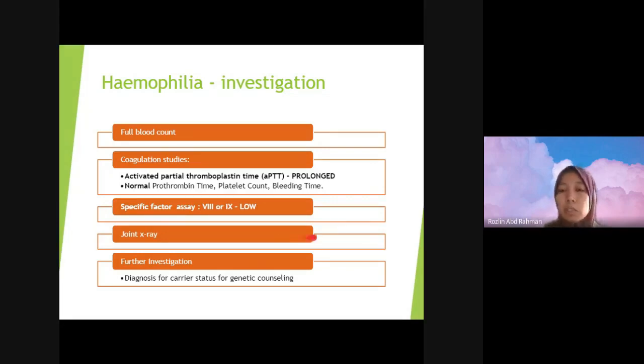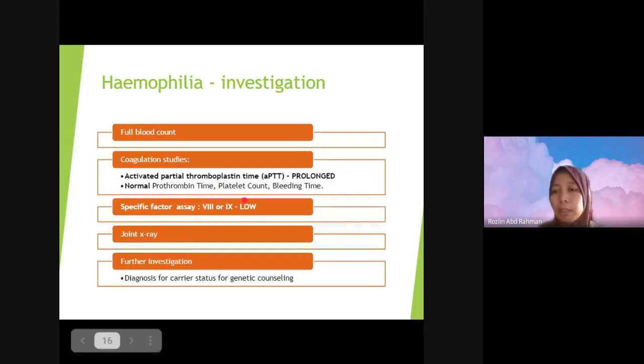Okay, so diagnosis include, of course, paling basic, we need to do full blood count to know the platelet level. Okay, we do coagulation studies, alright, because we know that the clotting factors are deficient. So certain investigative time, contohnya prothrombin time, activated partial thromboplastin time would be prolonged.